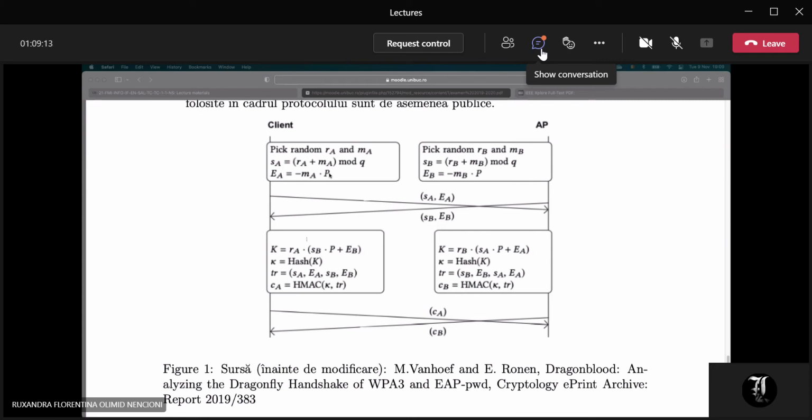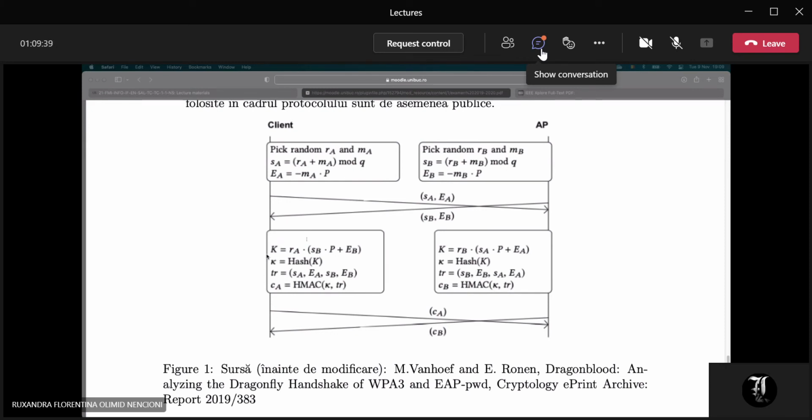Again, the password is weak, so I can try a brute force. EA, I know, I can find all the possible MAs for all the possible weak passwords. With this MA here and the same MB here, I can find the key. You will see it's only depending on this if you do the math for the first one. So I can get some possibilities for the keys.